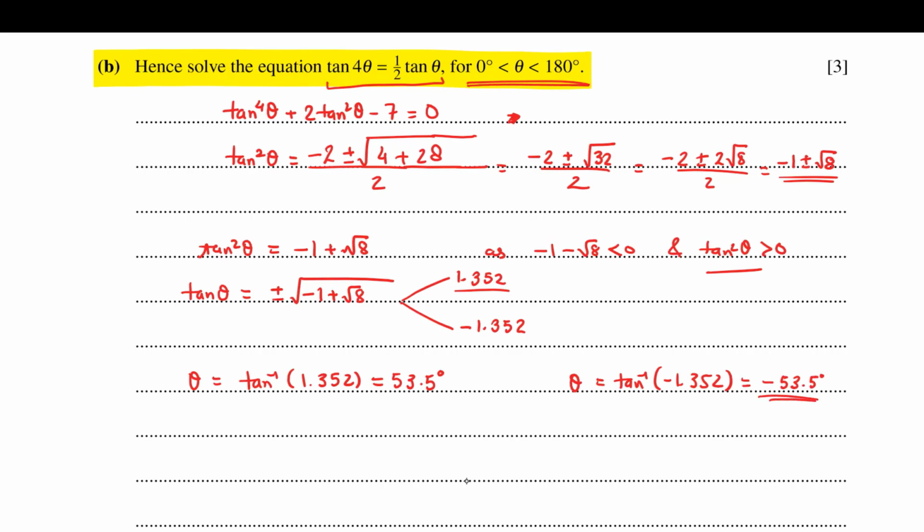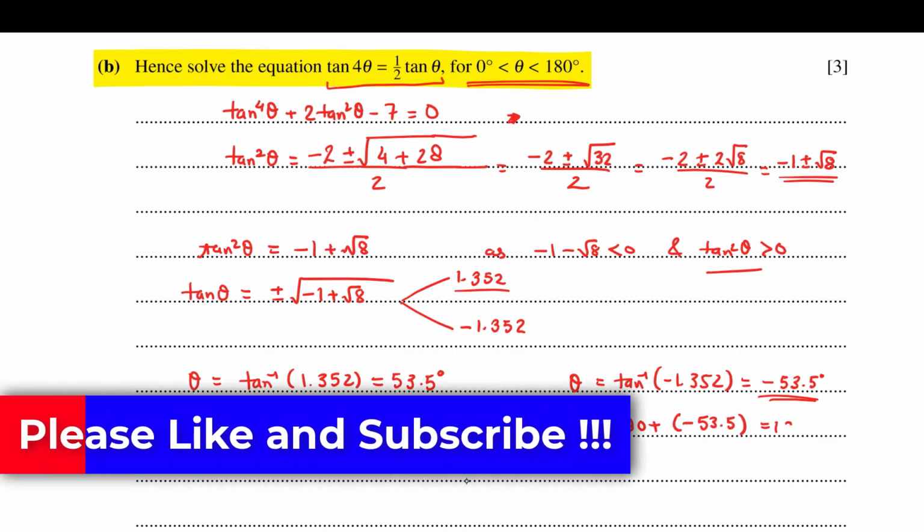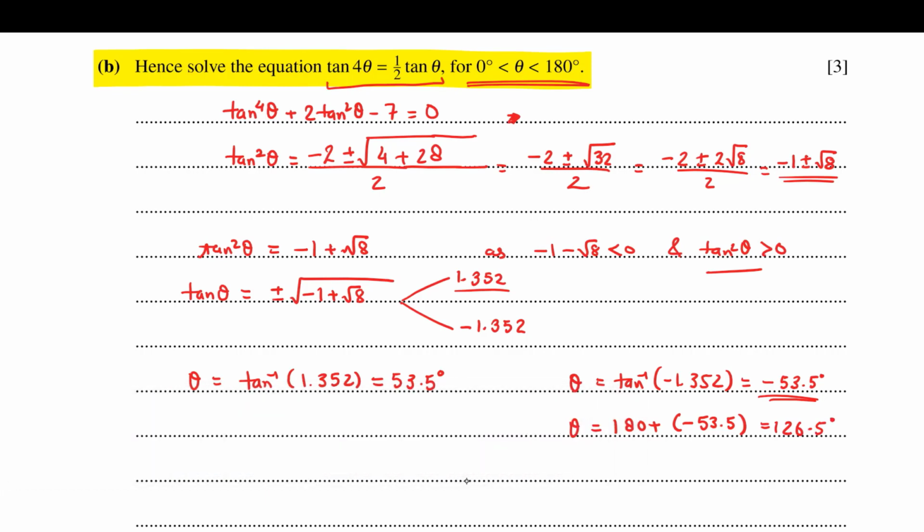So for tan, the next angle is 180 plus the previous angle, that is minus 53.5, so 180 minus 53.5 is going to be 126.48 and so on, so that is 126.5 degree. We will not add 180 to the first angle because it will go beyond 180 degree. So ultimately we have our solution as theta equals 53.5 degree and 126.5 degree only, no other possibilities are there.